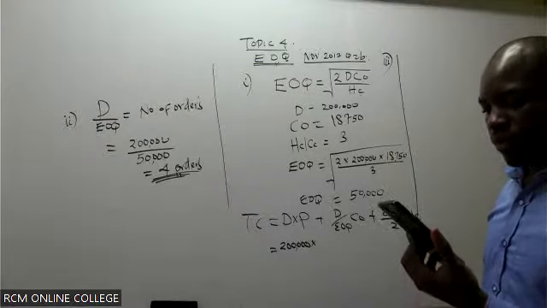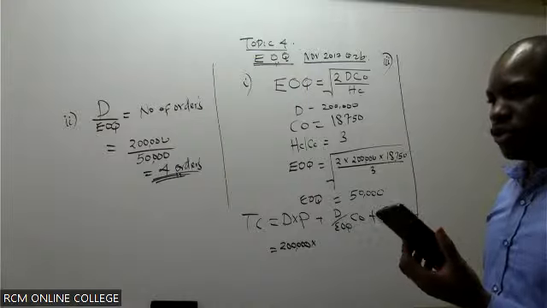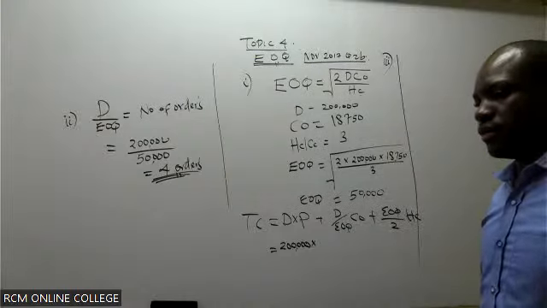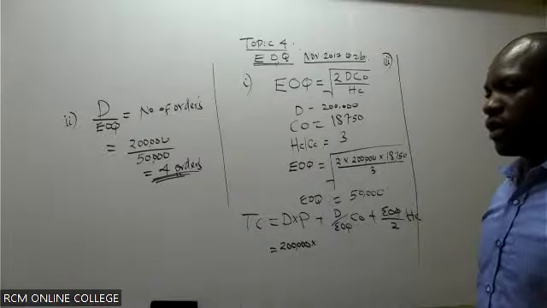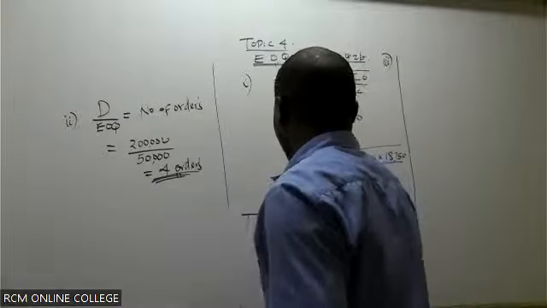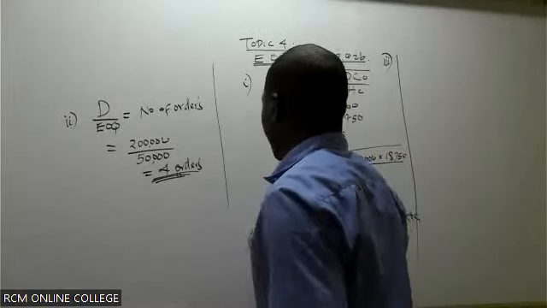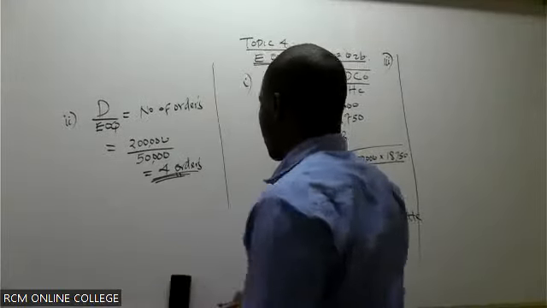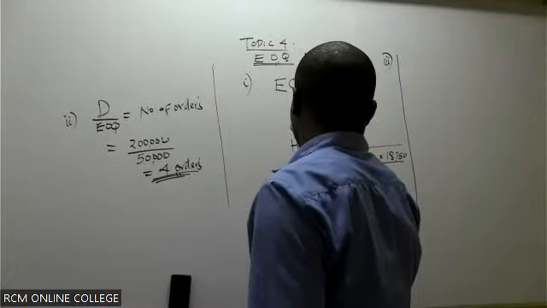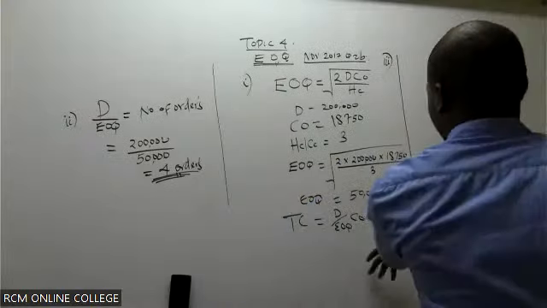Let's see. Do we have the purchase price, the amount you're going to pay to the supplier? No. So if that is not given, basically we change our formula. We do away with where we are required to use the purchase price. So this is what is going to remain here.